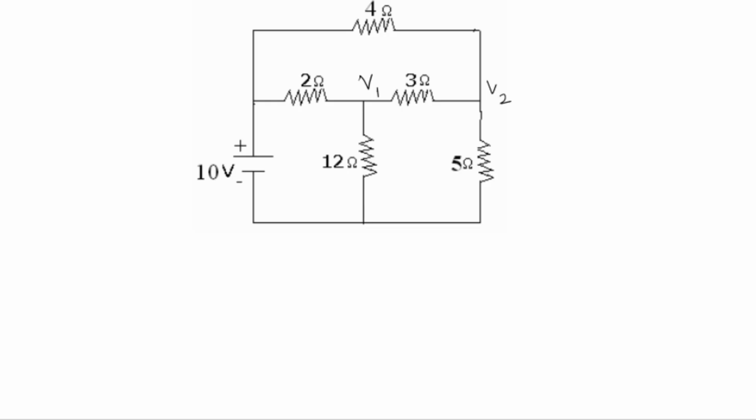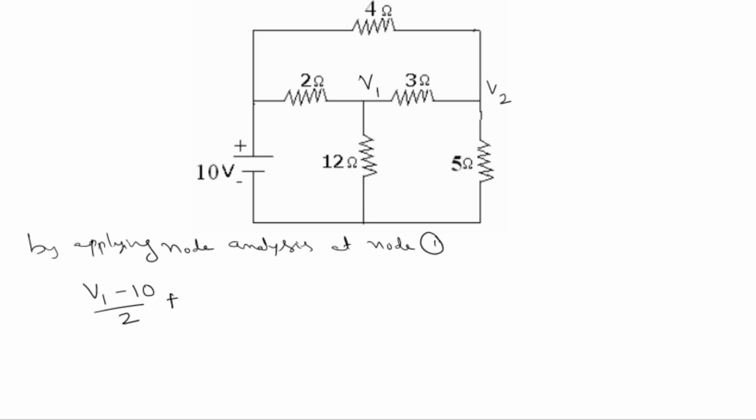By applying nodal analysis at node 1: V1 is the potential, so V1 minus 10 by 2 ohms, and V1 minus V2 by 3 ohms, and V1 minus 0 by 12, which is equal to 0. Here the ground has 0 potential.